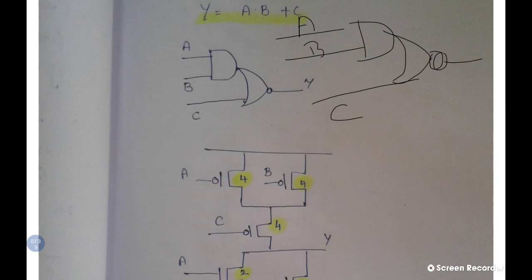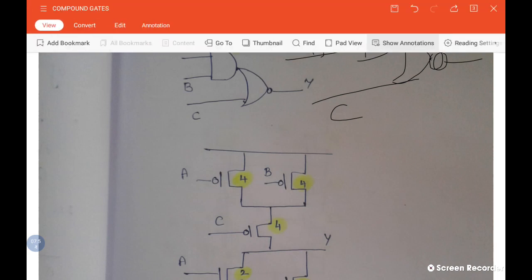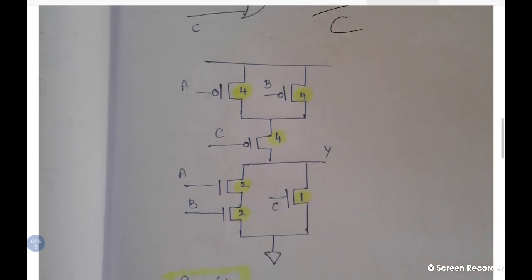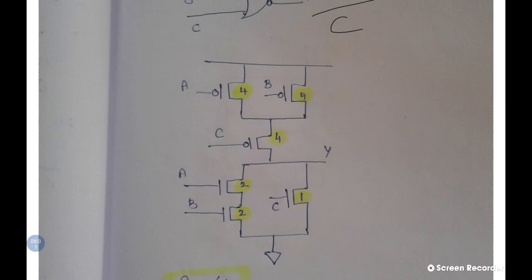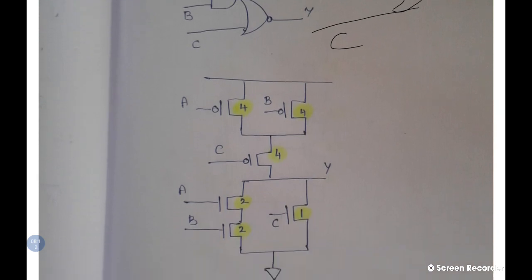Okay. So in general, how will we implement the logic diagram? Whenever you find the AND operation, we have to start drawing from the NMOS part first, and only later convert it for the PMOS part. So for the given function, it is A·B + C. A·B means you are doing the AND operation of two inputs.